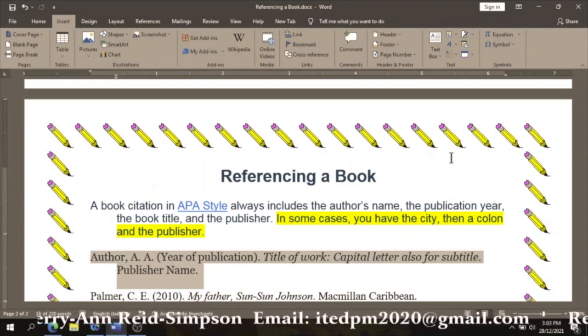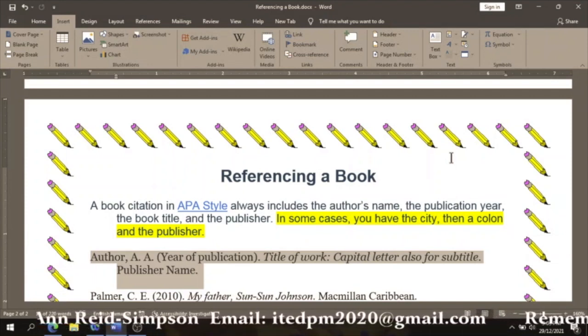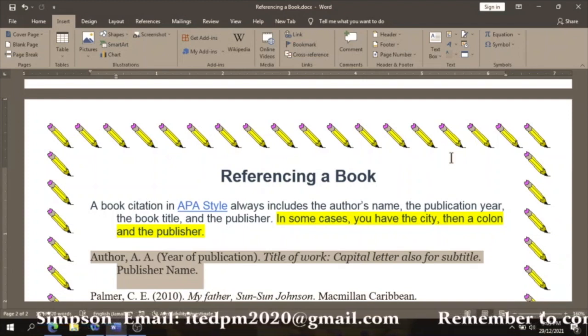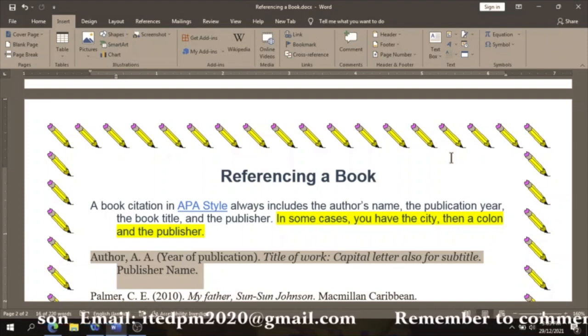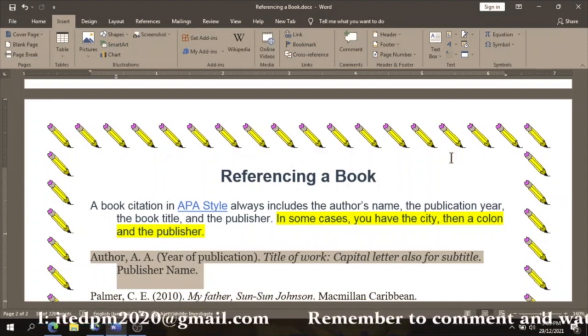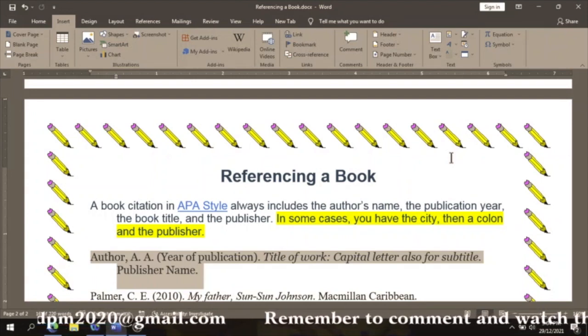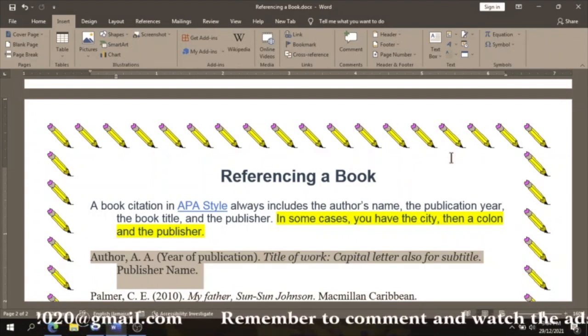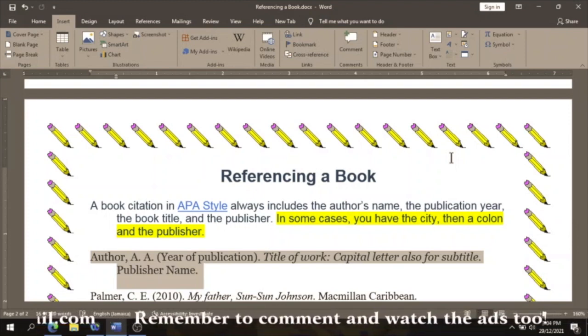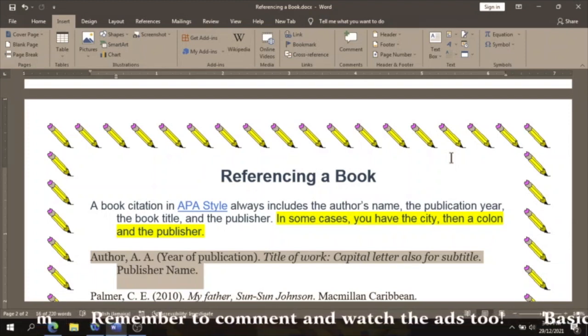So the year of publication will be placed in brackets, followed by a full stop, and then the book title would be next. If it is a book that has a double title, meaning it has a main title and a subtitle, you will put the first letter of the book title in capital letter. Same thing will go for the subtitle. The first letter of the subtitle will also be in capital letter.